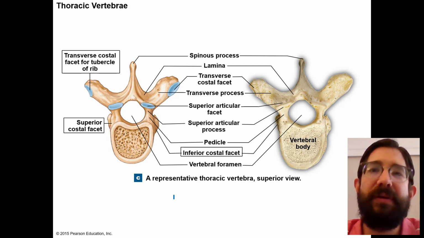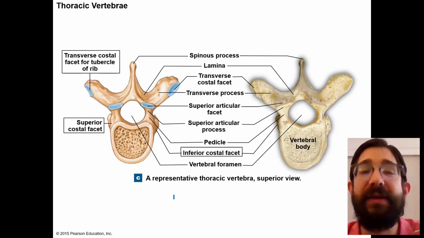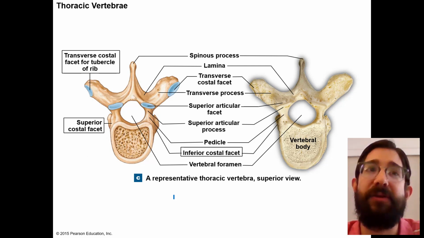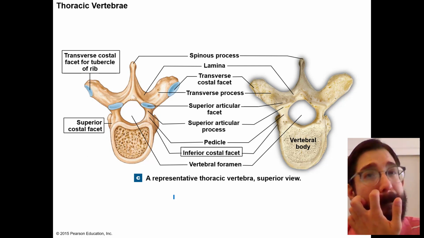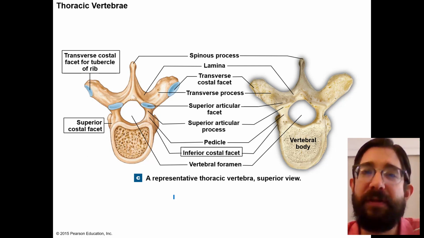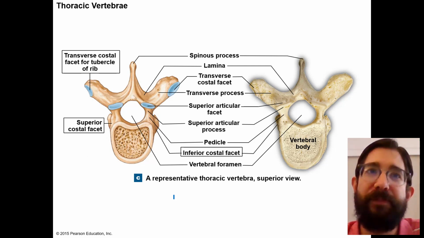Here's just a few more slides looking at the details of the thoracic and lumbar vertebrae. What you see here, there's a few terms with boxes around them. And the reason is these structures are involved in supporting our rib cage. Each of these terms have the word costal in it, and costal means rib.